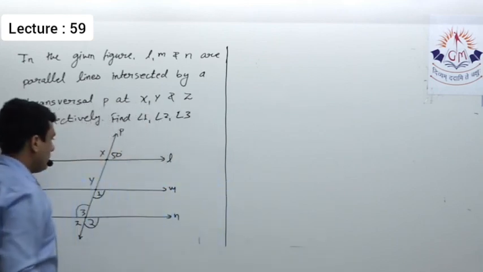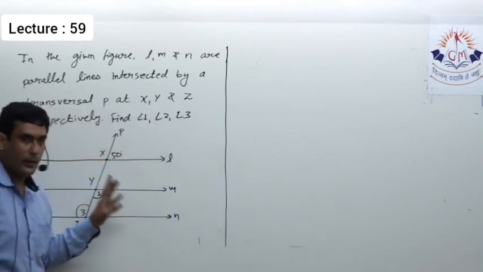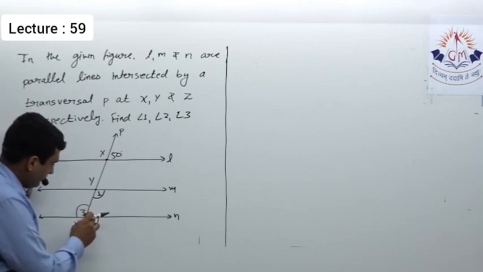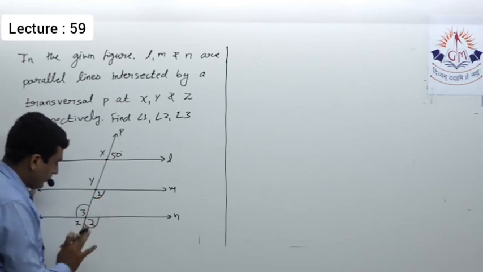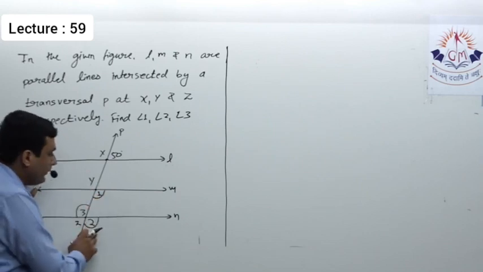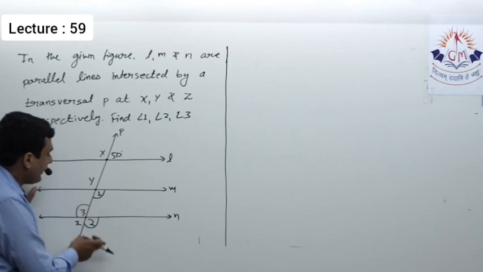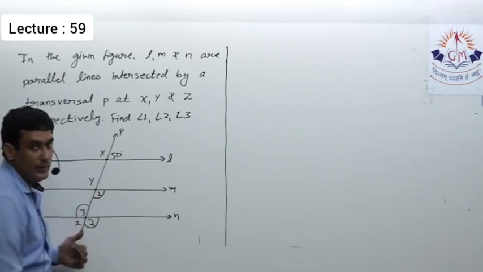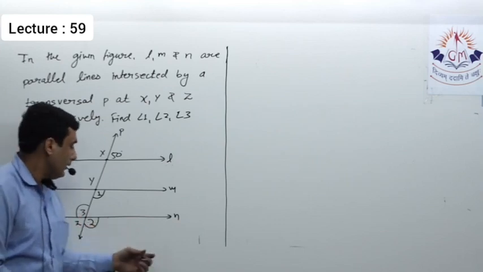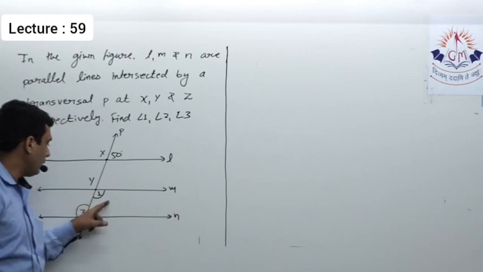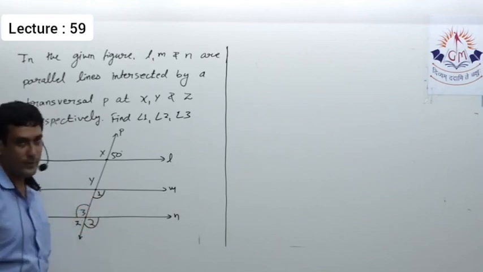First of all, it is given L, M and N are parallel. So here angle 1 and 2 are corresponding angles. That means whatever is the measure of angle 1 will be the measure of angle 2. Also angle 2 is equal to angle 3. So without actually finding, we can conclude that angle 1 is equal to angle 2 is equal to angle 3.